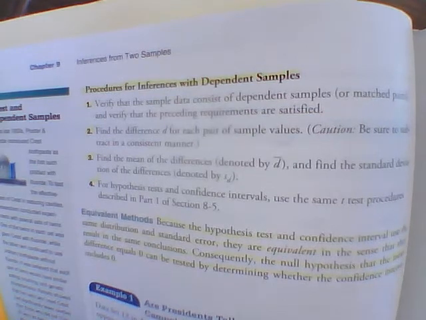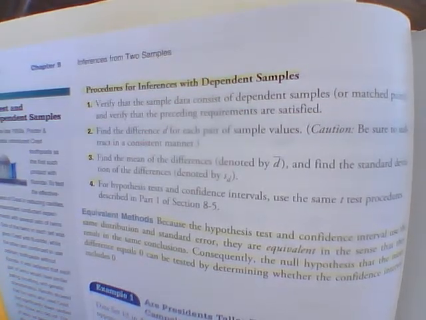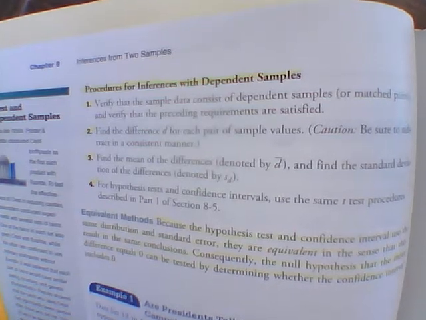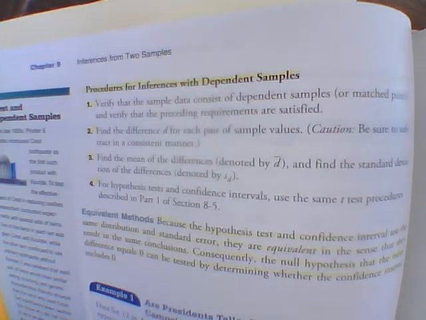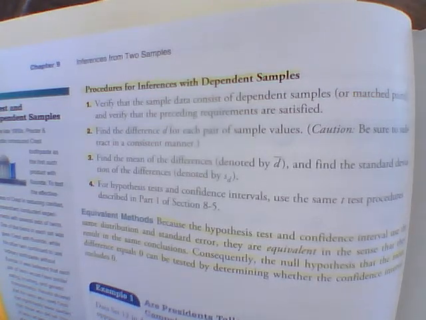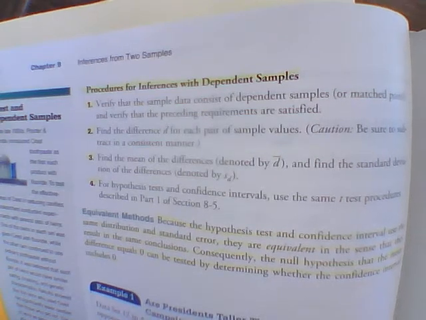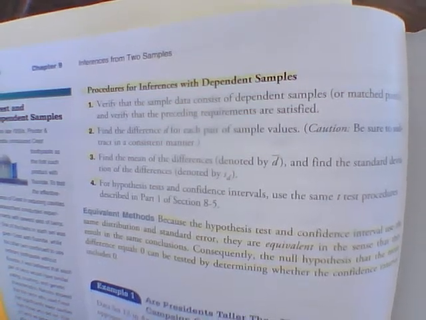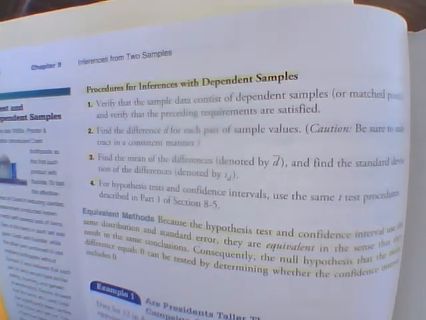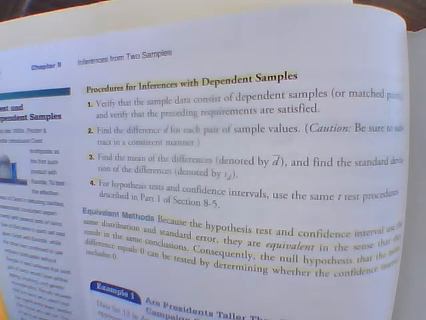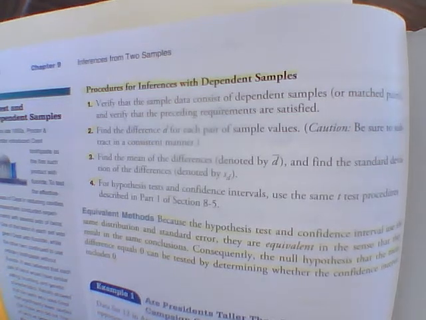Verify that the sample data consists of dependent samples or matched pairs, and verify that procedure requirements are satisfied. Find the difference, d, for each pair of the sample values. Find the mean of the differences, and then find the standard deviation of the differences. For hypothesis testing and confidence intervals, use the same t-test procedures described in part 1.